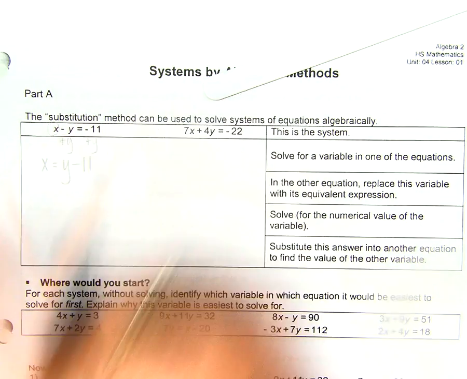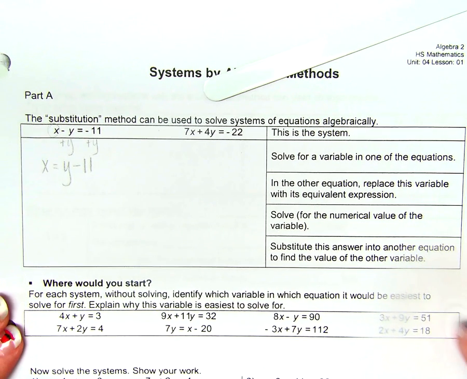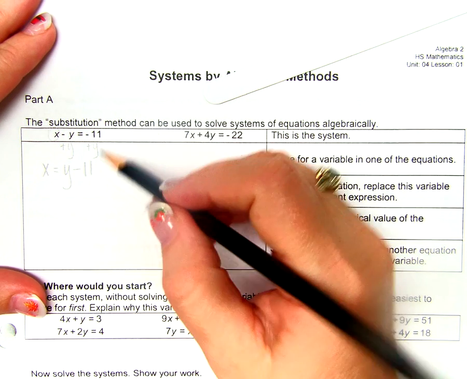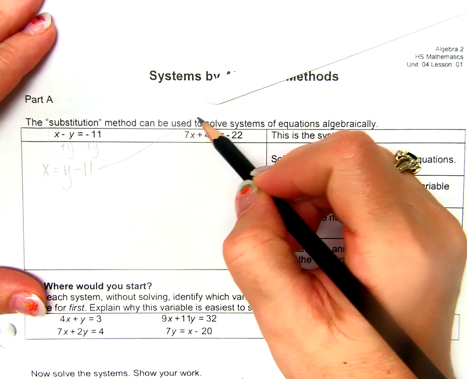This is where the substitution comes in. Okay? Do I know what x equals? You might say no because it's not like a number, like an integer or something like that you're used to. But do I know what x equals? Y minus 11. Okay? So I'm going to go to the other equation that I didn't use.